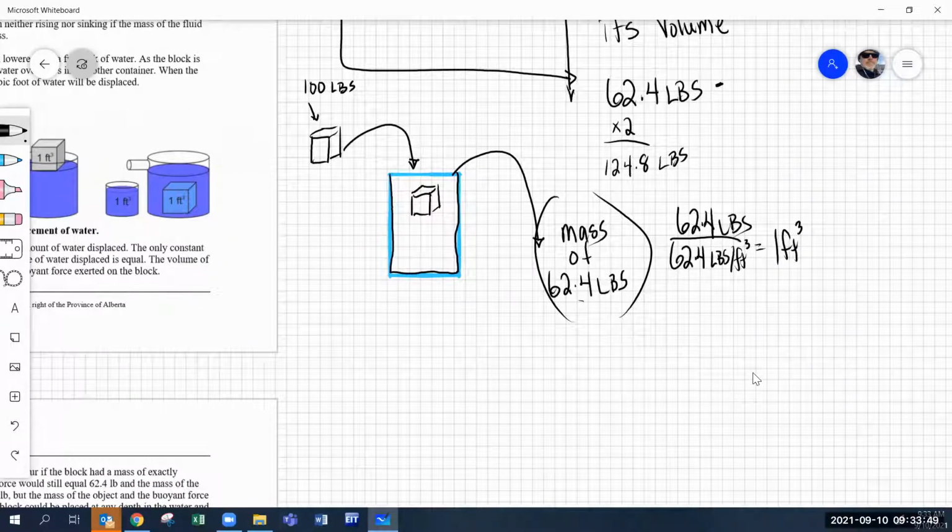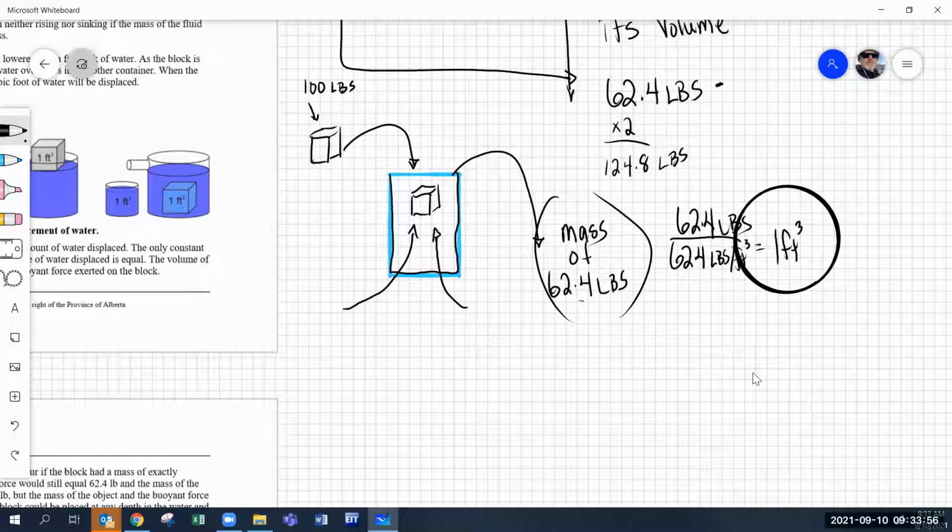But what I want to know is, because its volume is 1 cubic foot, there is a certain amount of buoyant force lifting up on that object. It's like a beach ball. When you put it in water, it floats because of its volume compared to its mass. So this object will have a buoyant force of 62.4 pounds pushing up on it because of its volume.